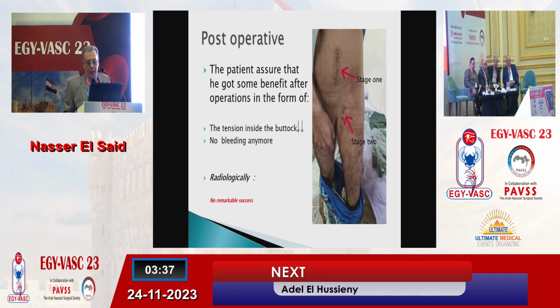We did a post-operative CT, which showed no great benefit from the radiological point of view, but clinically the patient felt great benefit with the decreased tension. The good news is that there is no more bleeding from both sides, especially after the decreased tension inside.